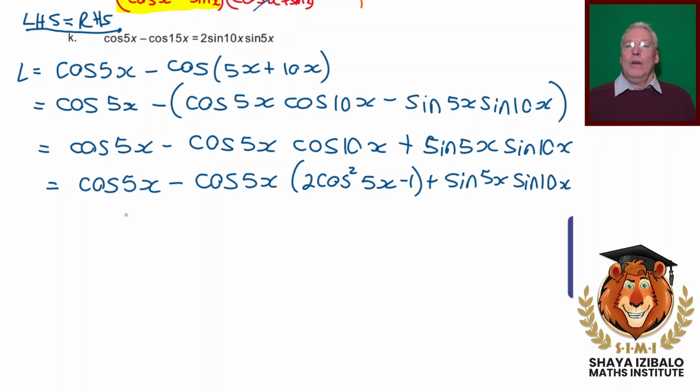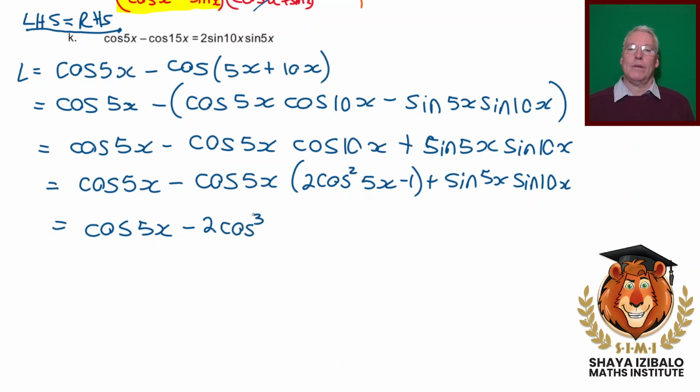Okay, now this is going to go to cos 5x minus 2 cos cubed 5x plus cos 5x.